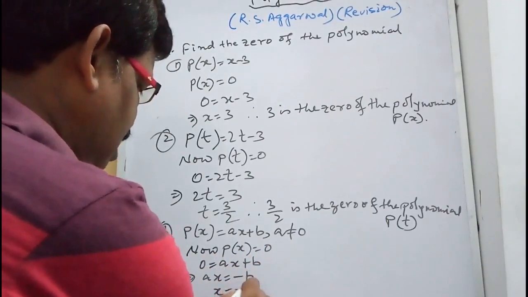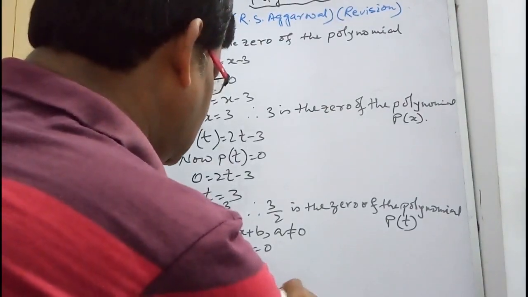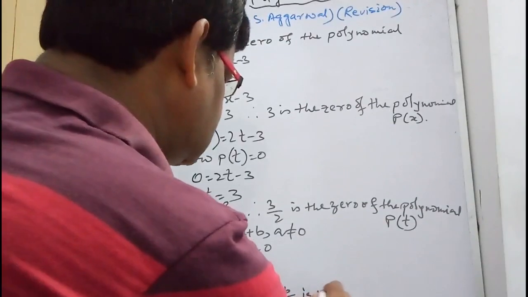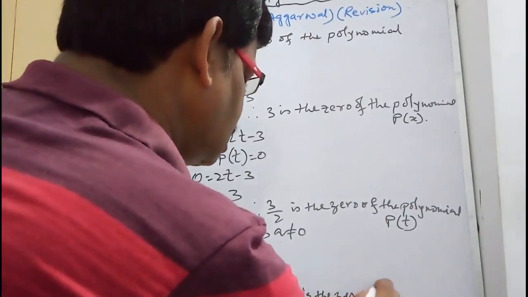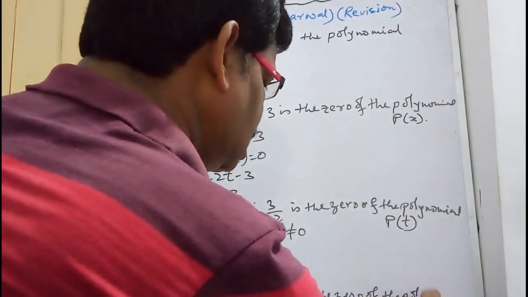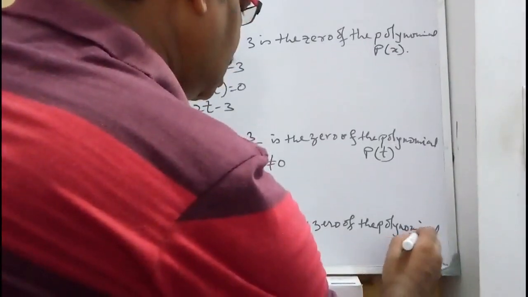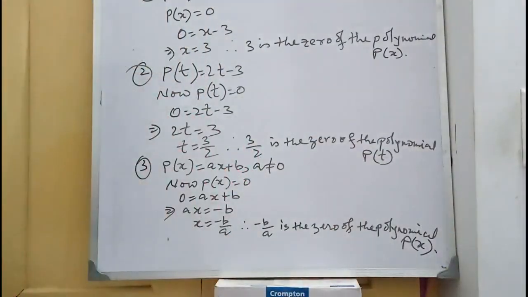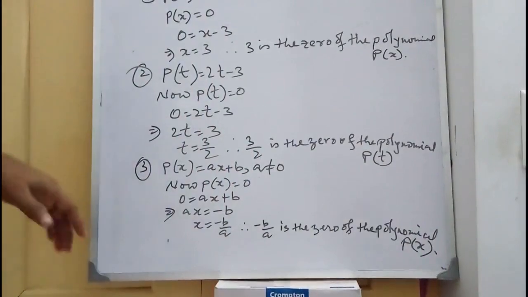X equal to minus b by a. Therefore minus b by a is the 0 of the polynomial px. In this way find the 0 of the polynomial.